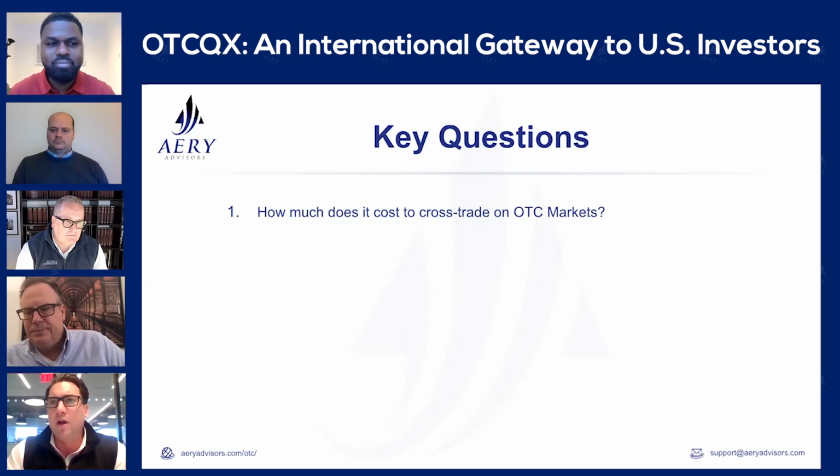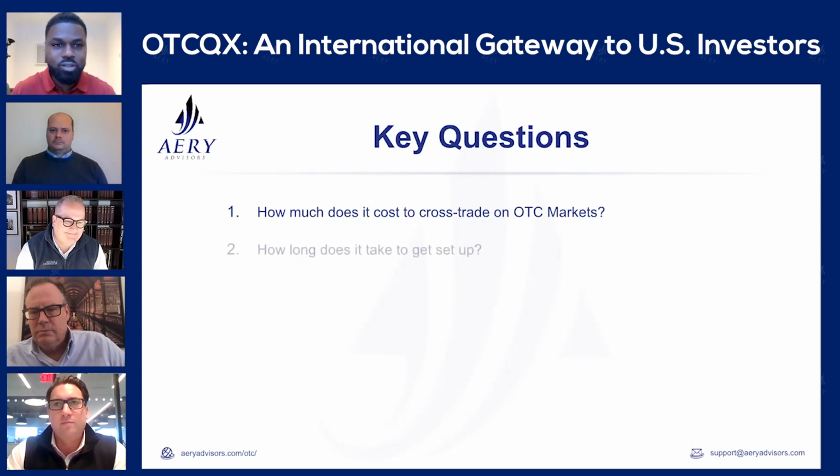You're not registering with the U.S. regulators. It's really just secondary trading and opening the door for U.S. investors to be able to trade your ordinary shares. Okay, well, it seems very straightforward. And again, if you're comparing this to an IPO, perhaps a dual listing, it's going to be music to your ears.